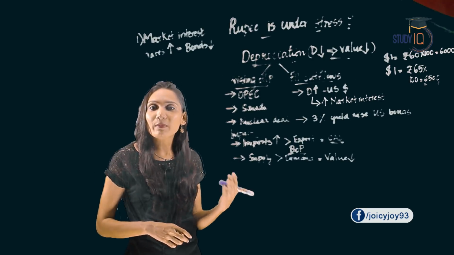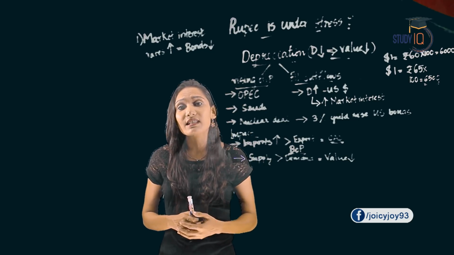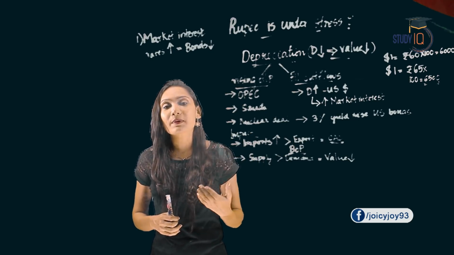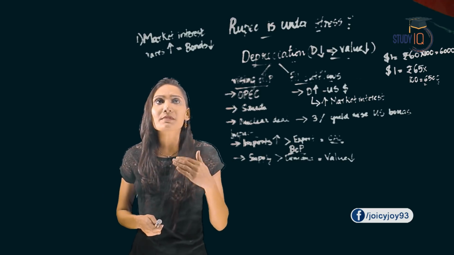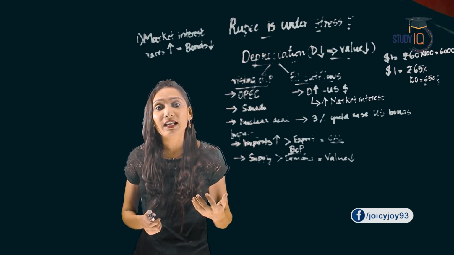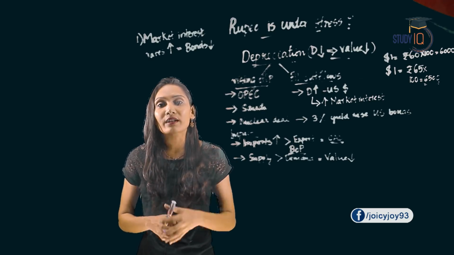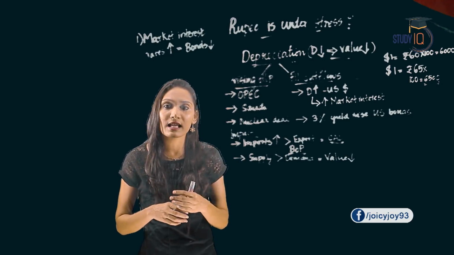In the US economy, we have seen that the US Federal Reserve has increased the interest rates and has also pledged further increases. And as the market rate comes down, what will happen? Bonds become more attractive because bonds will give more returns for the investors. Therefore, the bond value also goes up.